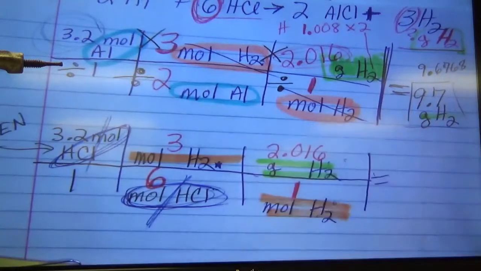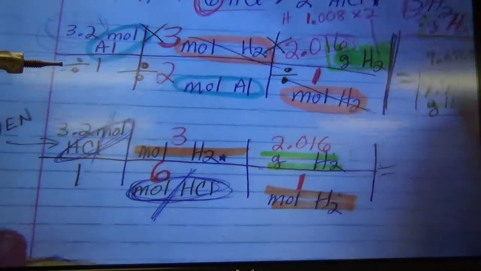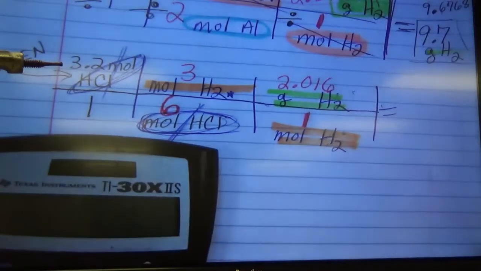I know you can reduce. I never bother, unless it's only a mole ratio question. So I can just calculate right now, can't we? All right, let's do that. I'm going to raise this up so you can see my calculator.